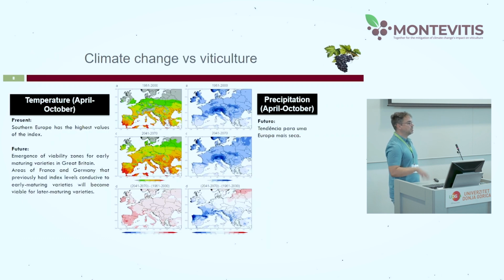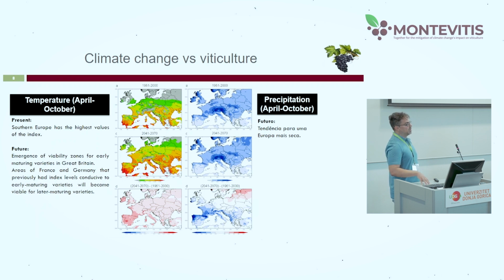So that is what we try to use to predict what is going to happen to the vineyards in Europe. The first studies that we did a long time ago looked at what's going to happen to temperatures during the growth stage, from April to October.